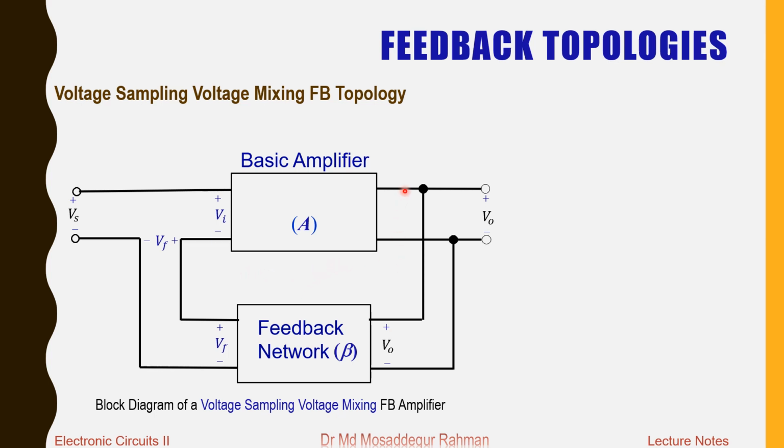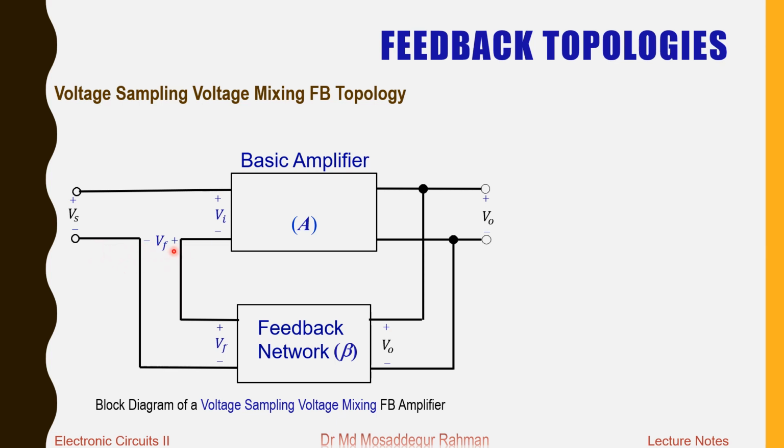And as you can see, the type of connection that we have at the output, because it is sampling the output voltage, is what we call shunt connection or parallel connection. And then the feedback network, the voltage that it is producing is mixed with the signal voltage in a way so that it is subtracted.